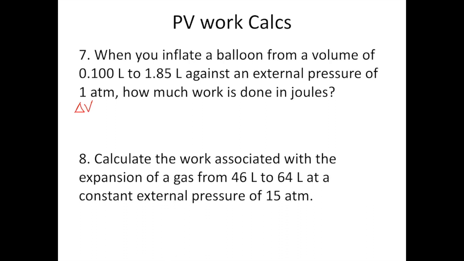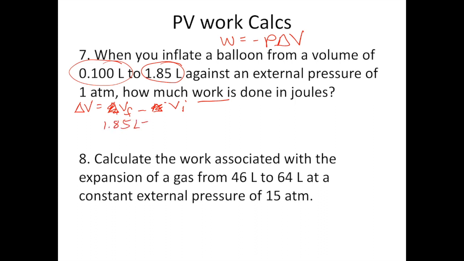When we calculate delta V, we just need V final minus V initial. So my V final is here and my V initial is there. What I want is work in joules, and I know work is equal to negative P delta V. So final minus initial, I'm going to say 1.85 liters minus 0.1 liters.